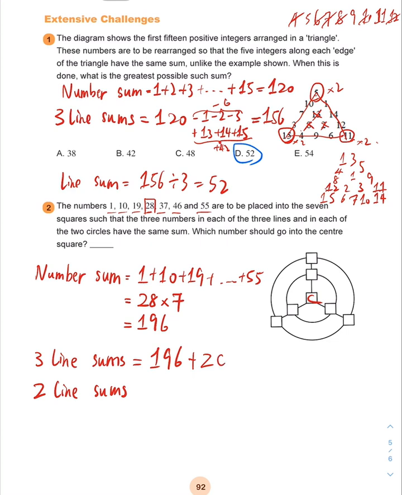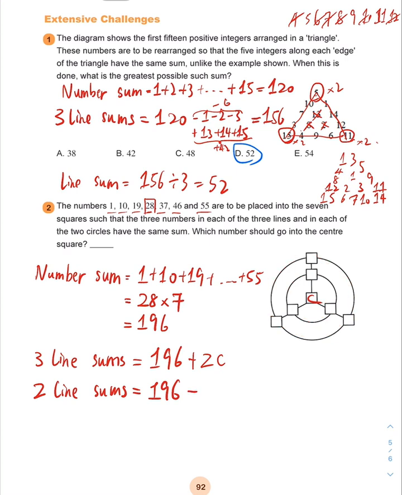Okay? And then for the second way that we are counting it, including the 2 line sums from the circles, we are just going to have all the numbers added together, but you can see that we haven't included the center number at all, right?